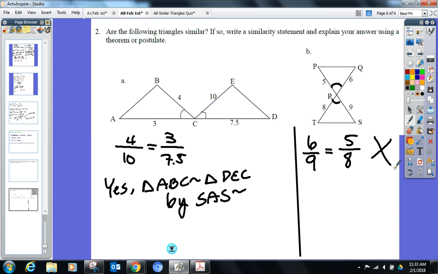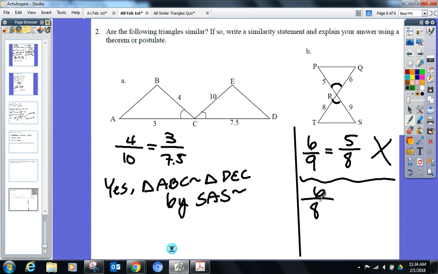Couldn't I also match up these vertical angles by rotating it on top? So the 6 could not only match up with the 9, it could also match up with what if I rotated it around? The 6 could also match up with the 8. You need to test both out.